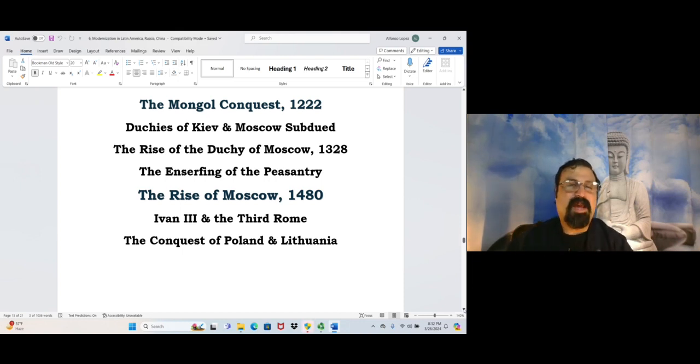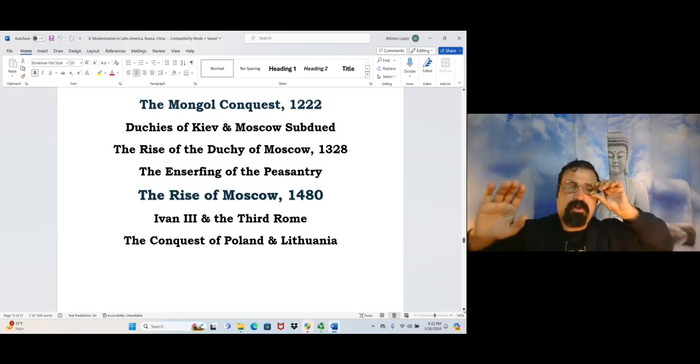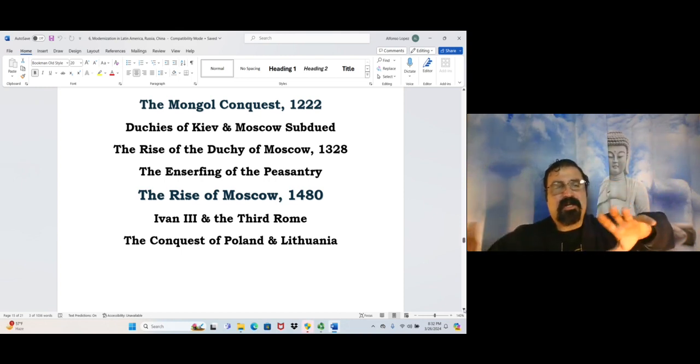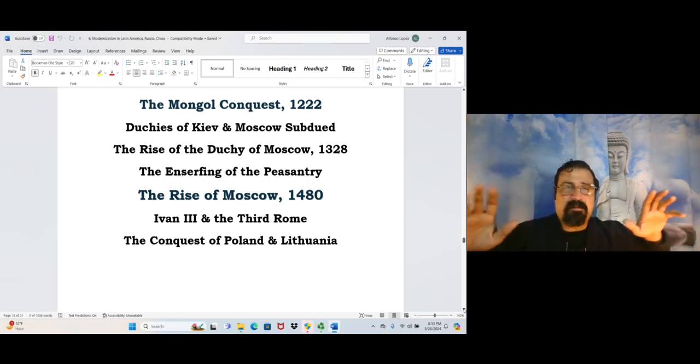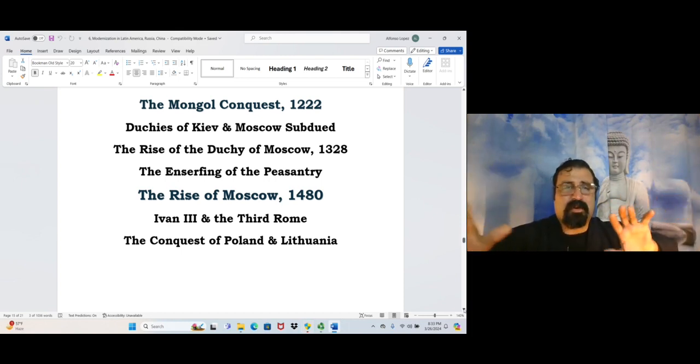This is the Mongol invasion of Eurasia. The Mongols poured down from northern China. They invaded China, took over China, and from there they started expanding across Eurasia. Eventually they started to topple different kingdoms, particularly in the Middle East and also in Eastern Europe.